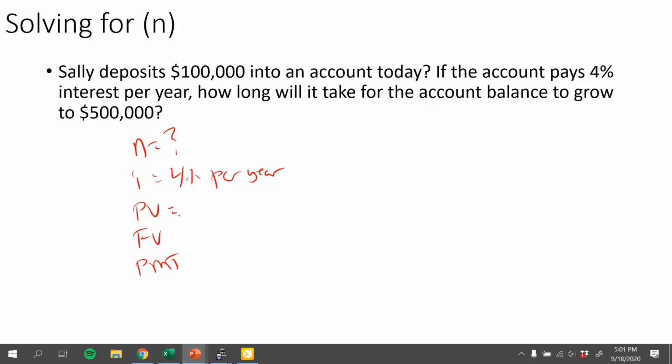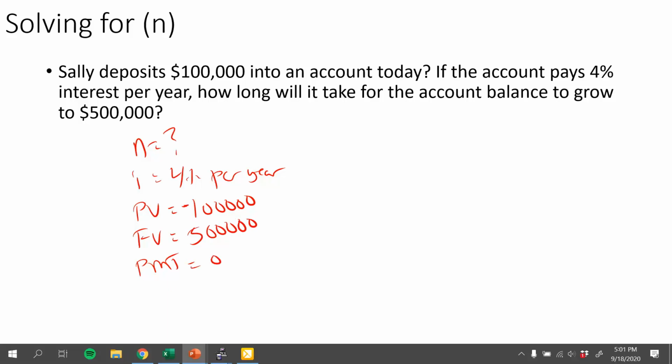PV is what we're going to deposit today in the present, so we're going to make that $100,000. And I'll make it negative because Sally has to deposit this, so it's going to be a cash outflow. My future value, we want it to grow to $500,000 in the future, so that's going to be my FV, and we'll leave PMT as 0.